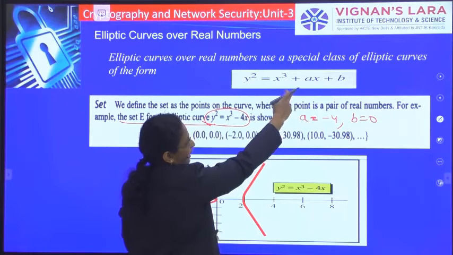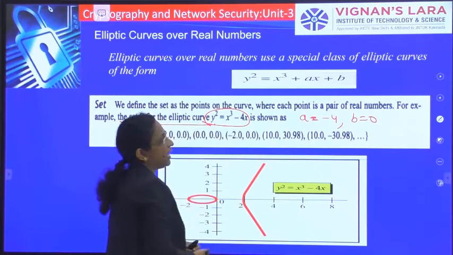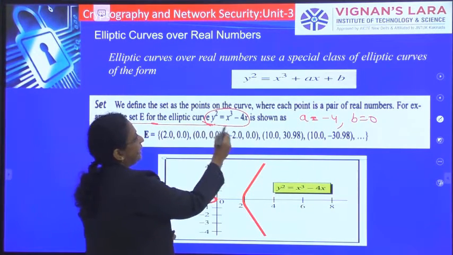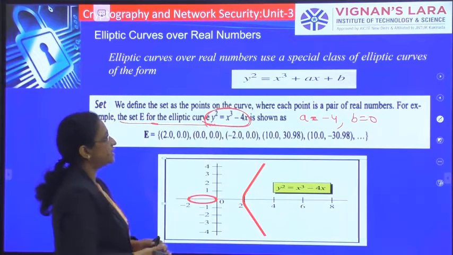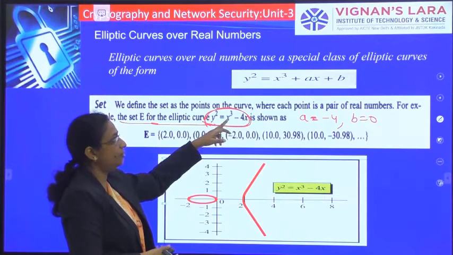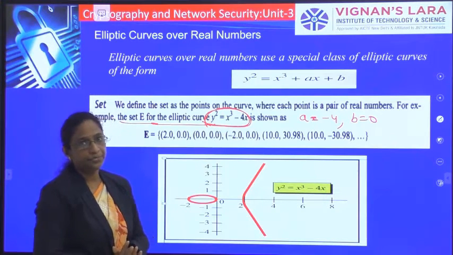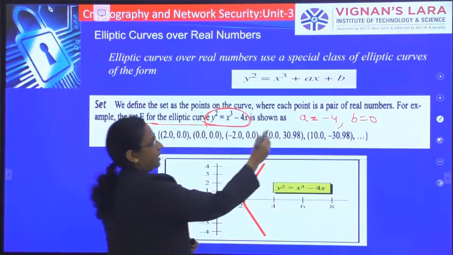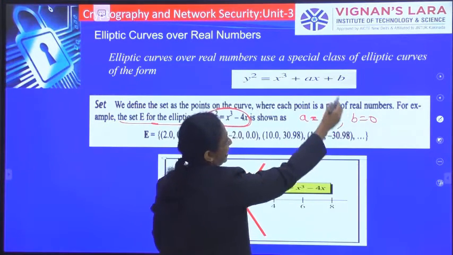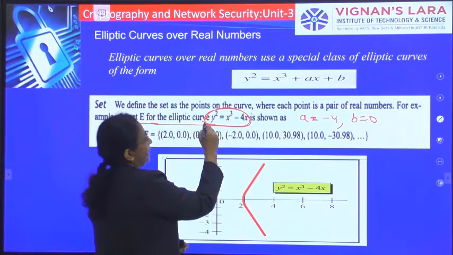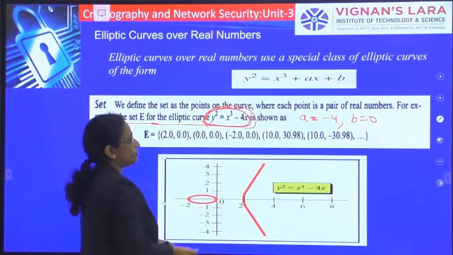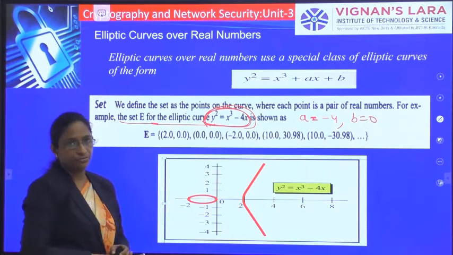If you take a as minus 4 and b as 0, then you will be getting an elliptic curve of the form y square equal to x cube minus 4x, since b is 0.